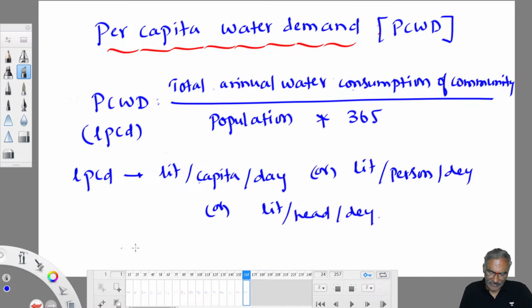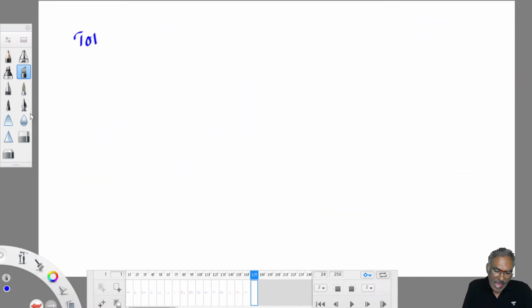If you take this and multiply it with the population of that community, you will get the total water requirement of that community. So you will get the total average daily water requirements of a community.